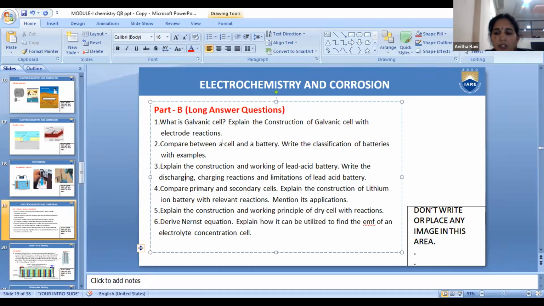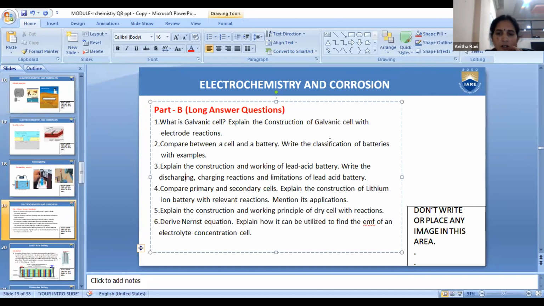Okay, what is cell? Now galvanic cell construction, you know. What is a cell? Combination of anode and cathode.